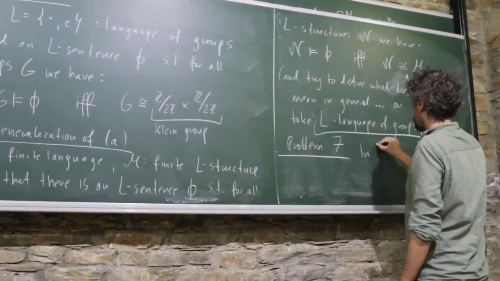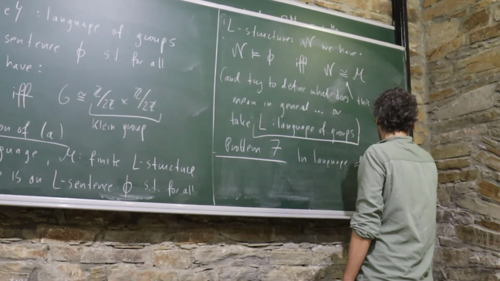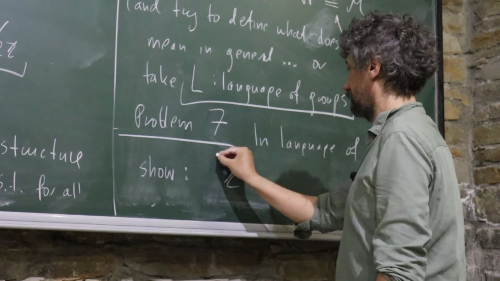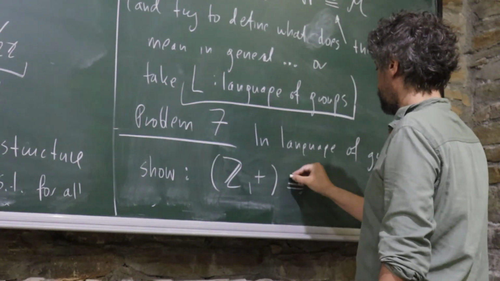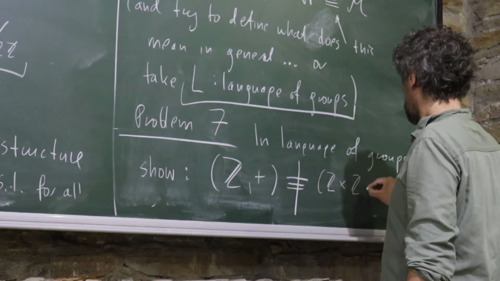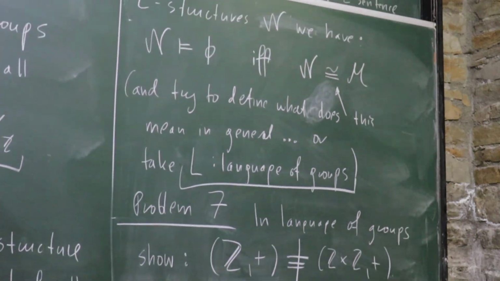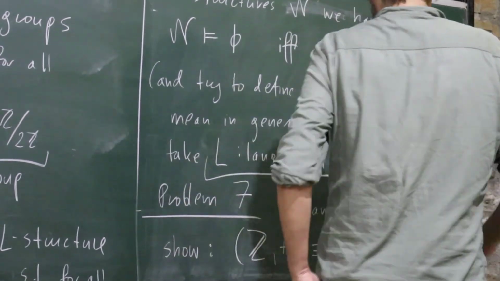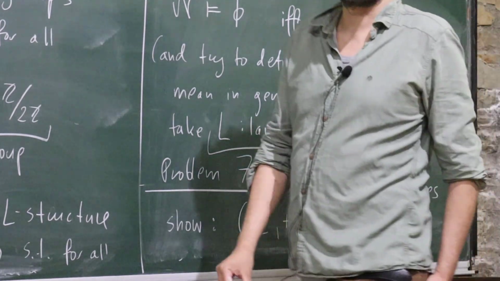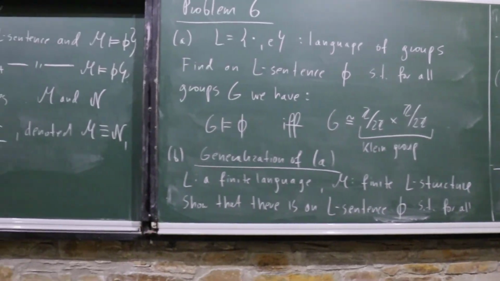So in the language of groups, show that Z with plus is not elementarily equivalent to Z times Z. Yes, so you have to find a sentence in the language of groups which is true in the integers and not true in integers times integers. So something more down to earth.